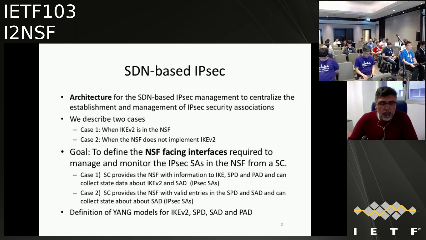So in case 1, the security controller is able to configure IKE, SPD, and PAD elements to be able to establish the security association. And in case 2, the security controller is able to provide the SPD and SAD configuration to the nodes, and so provide the configuration to establish the security association.